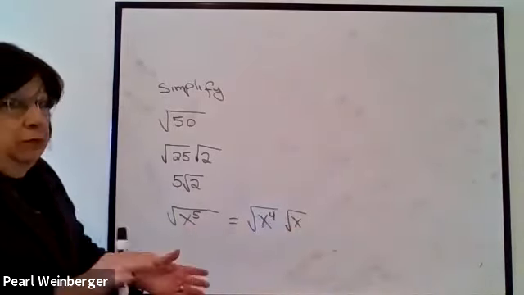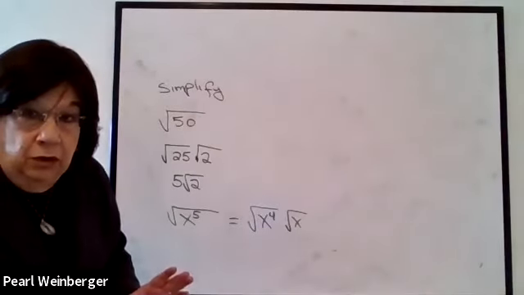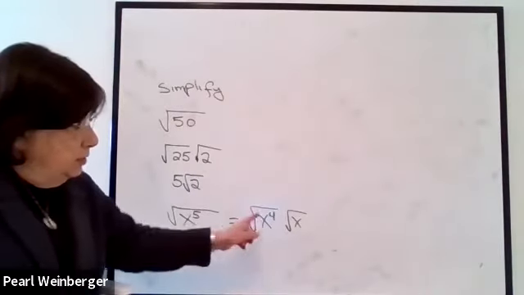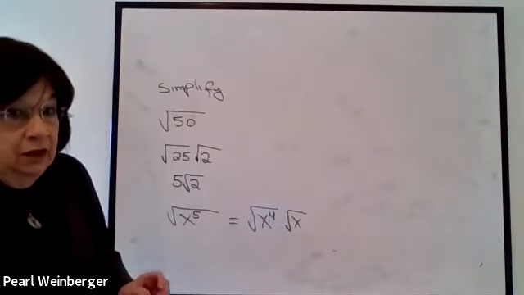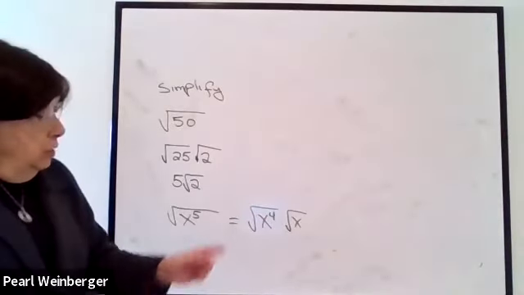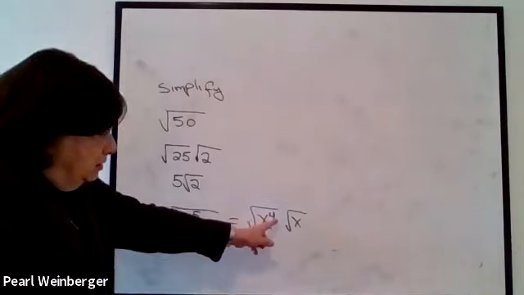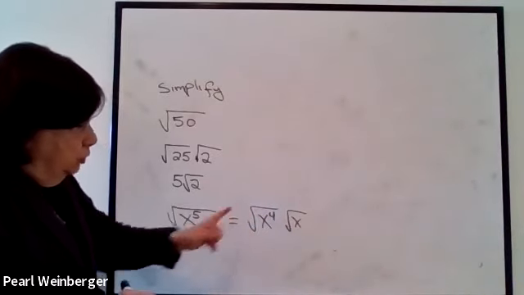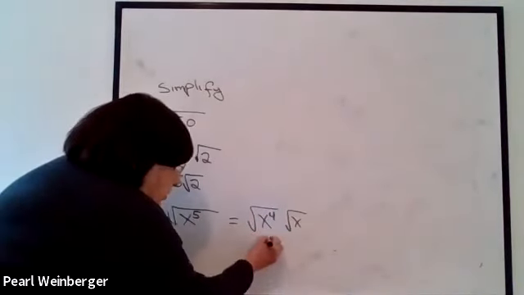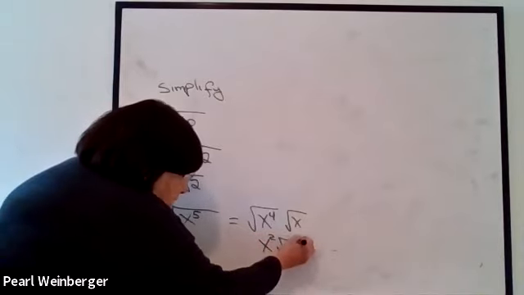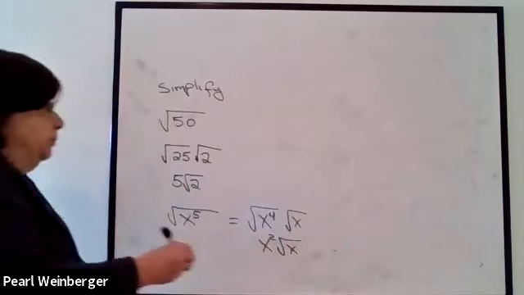Now remember, to be a perfect square for the variable, all you need is your exponent to be even, able to be divided by 2. Now I can take that exponent, the 4 divided by the 2, that gives me x squared, and this gives me x squared radical x.